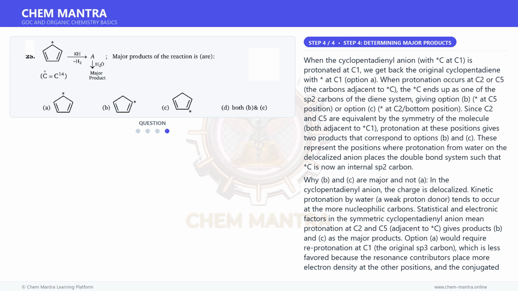Since C2 and C5 are equivalent by the symmetry of the molecule, both adjacent to asterisk C1, protonation at these positions gives two products that correspond to options B and C.